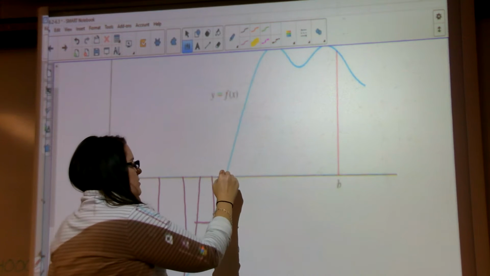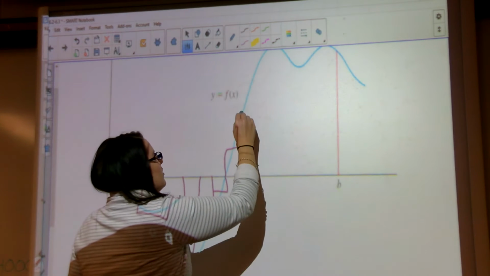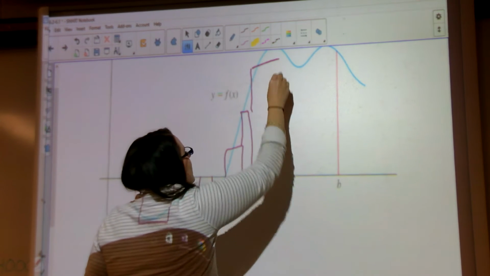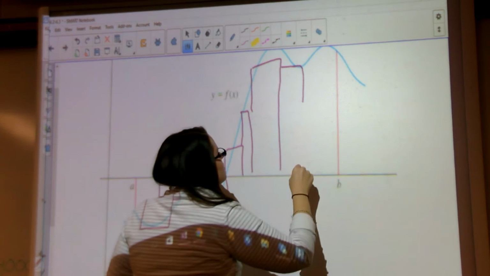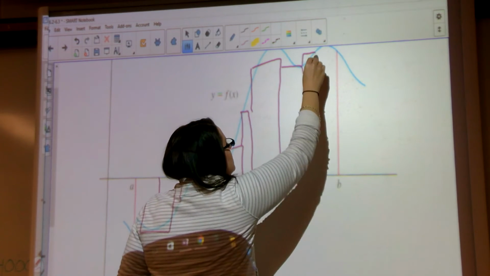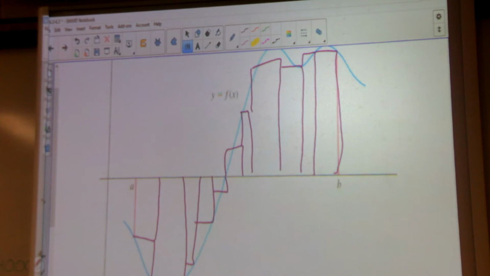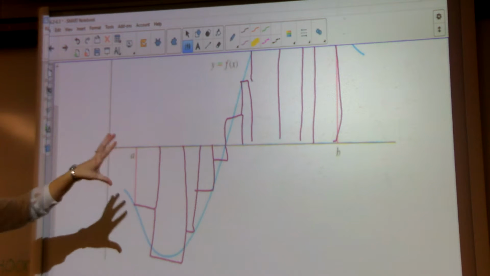I'm just going to do random stuff here. I make one really skinny, make one really fat, just in general making them touch random places and random widths. So they don't have to be evenly spread apart. We saw that yesterday. So this isn't necessarily all LRAM or all. I'm just doing random places that they touch. So we're going to try to write a Riemann sum for this random situation.